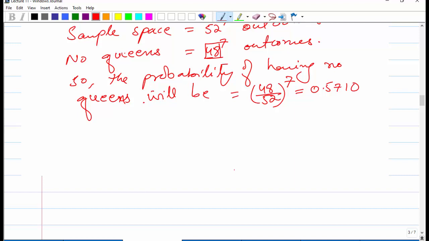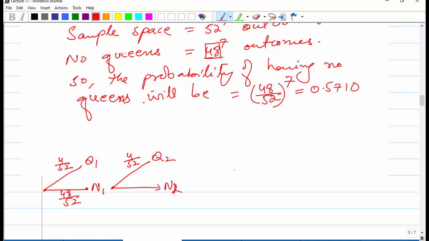This can also be seen with the tree diagram, as we did in the previous lecture. So obviously it will start with the root, and for the first card, if it is a queen, the probability will be 4 over 52, and the probability of getting no queen in the first card will be 48 over 52. If there is no queen, we will get another card, Q2, and the probability again will be, because we are replacing the card, we again have 52 cards to select from.